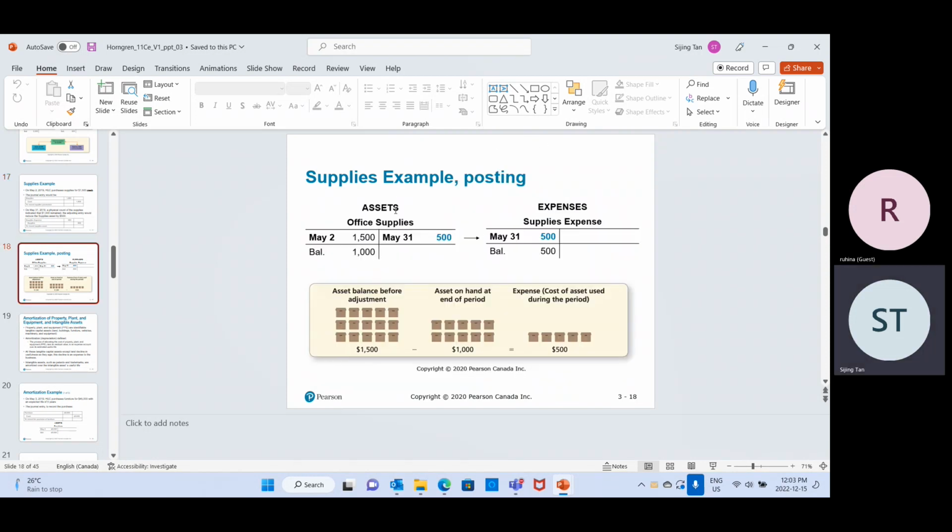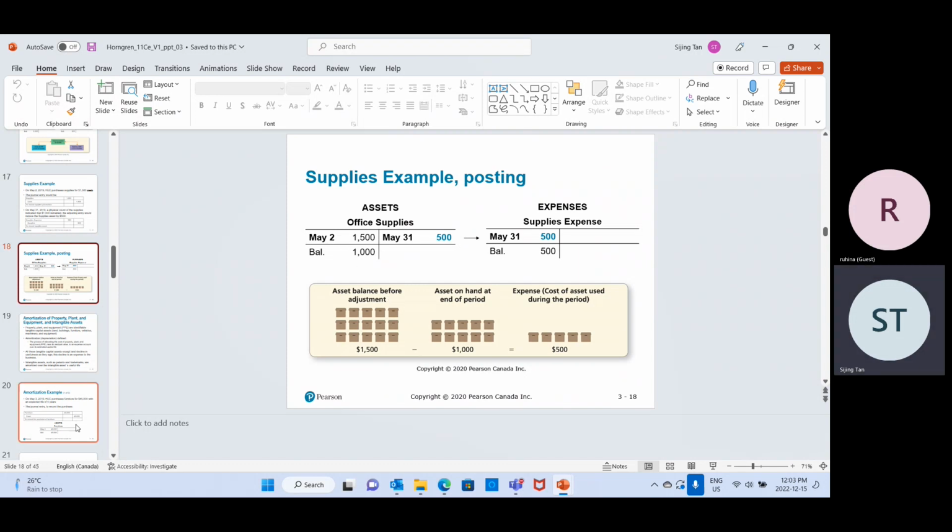When we put it into T accounts for a better understanding, first we spend cash to purchase $1,500 of office supplies. And then after 1 month, we used $500. So we deduct $500 from the total $1,500, which leaves our balance at $1,000.